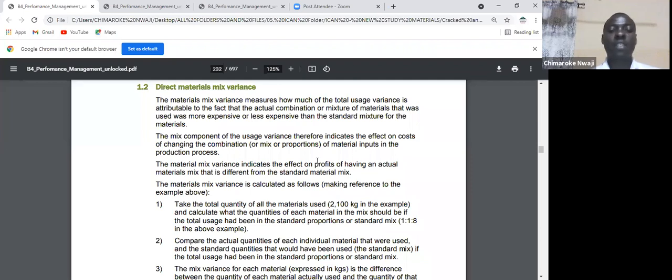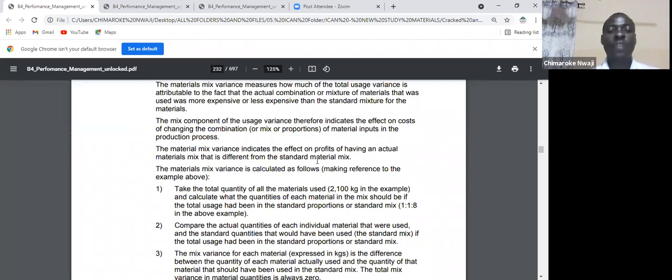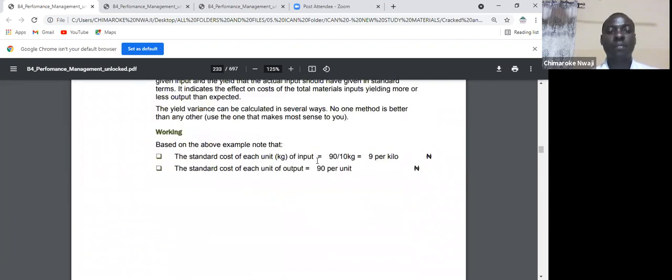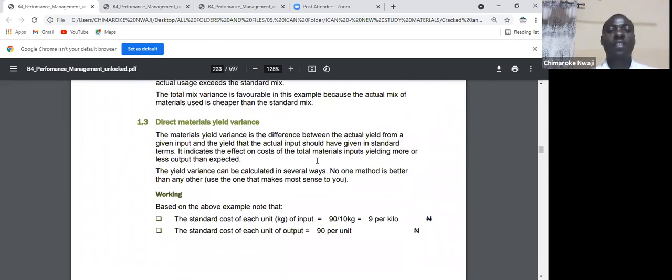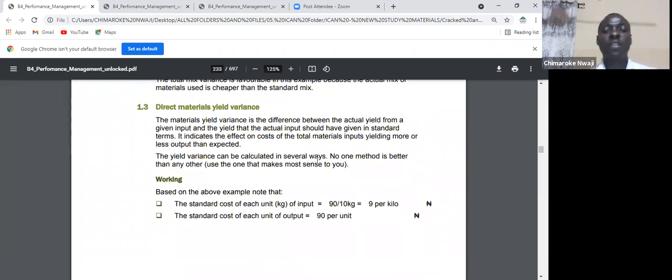And let's look at another type of variance called the yield variance. The material yield variance is the difference between the actual yield from a given input and the yield that the actual input should have been given in standard terms.